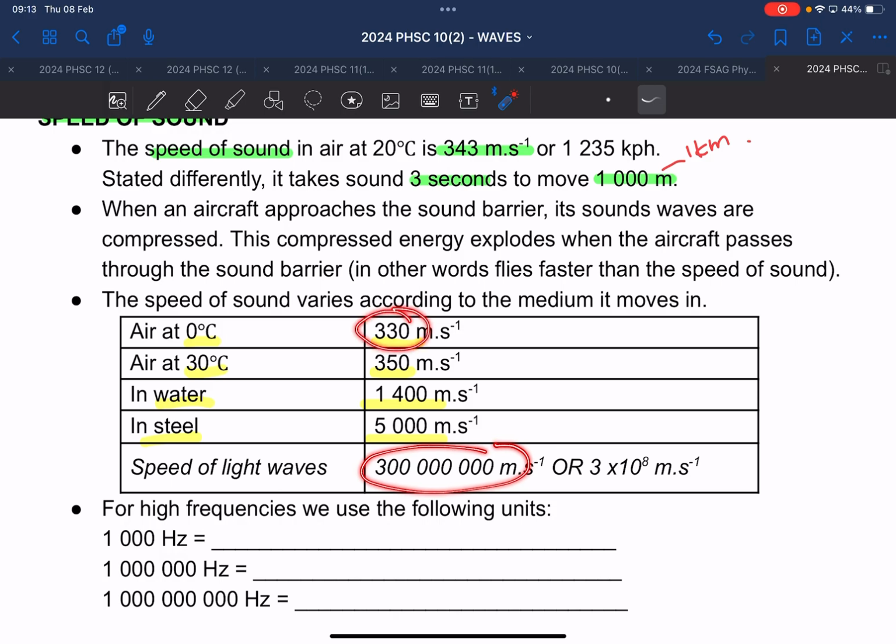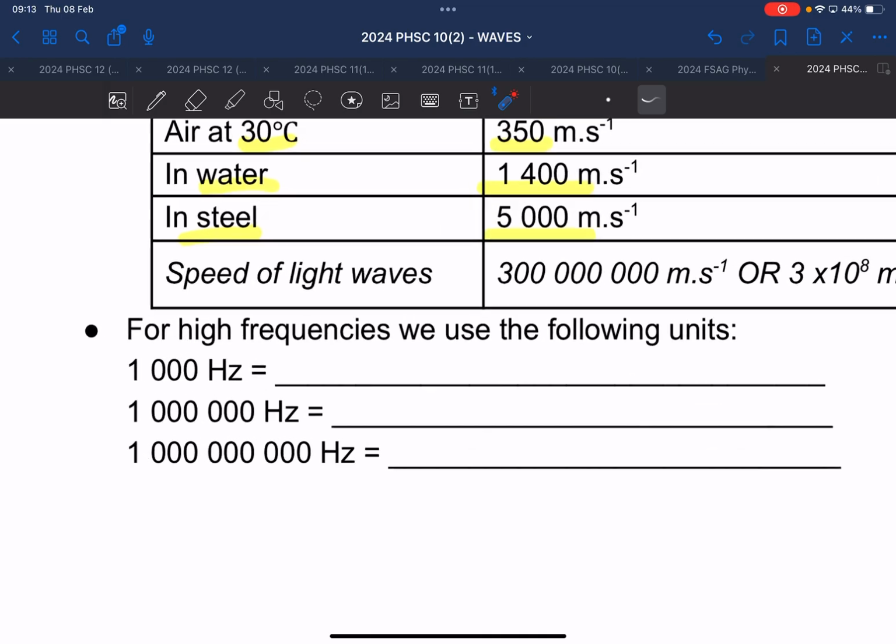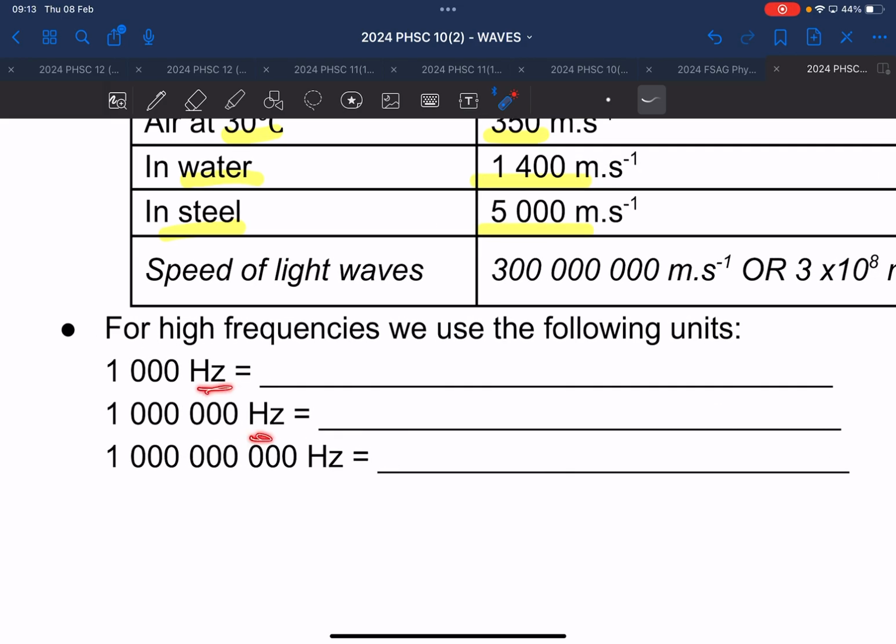Okay. Right. Then sometimes we work in very big units and we must convert. So 1,000 hertz is the same as saying 1 kilohertz. What is 1,000,000 hertz or 1,000 kilohertz? When you go kilo, the next one is?